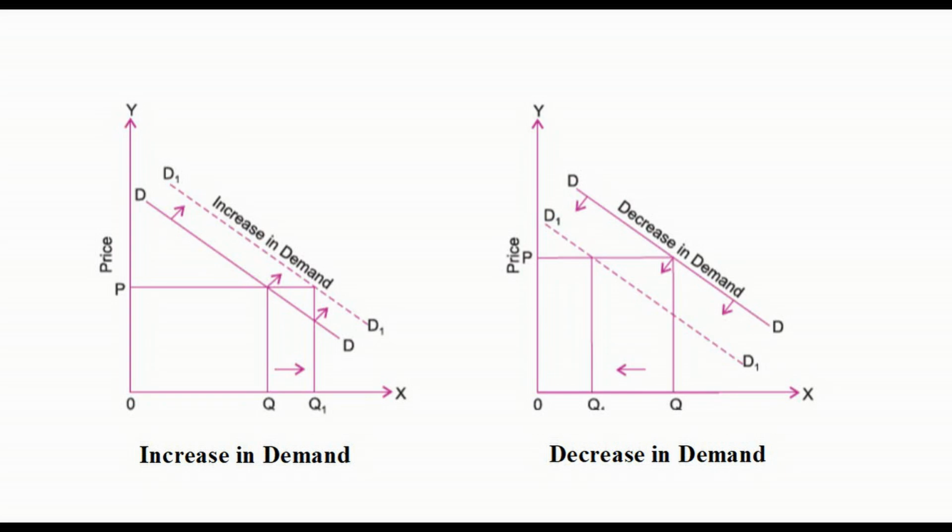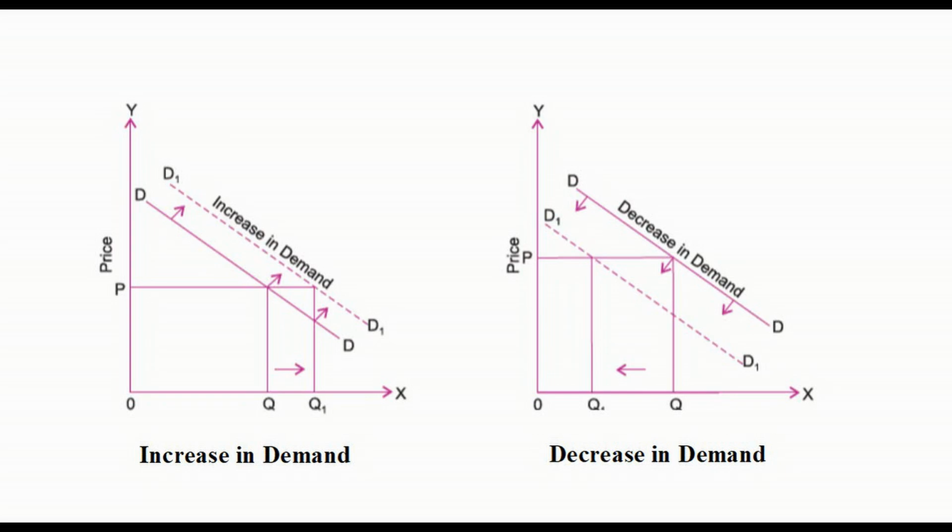Entirely, we are going to construct a new demand curve to the right of the initial demand curve. Here, you can observe clearly that there is no change in the price of the commodity. In the case of change in demand, there is no change in the price of the commodity. Factors other than price result in change in demand.